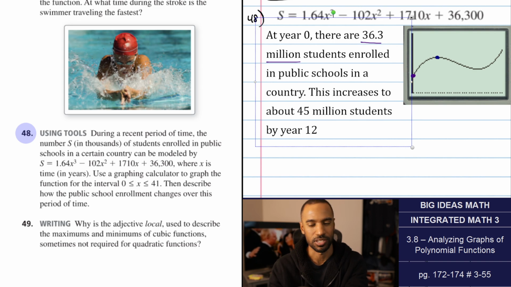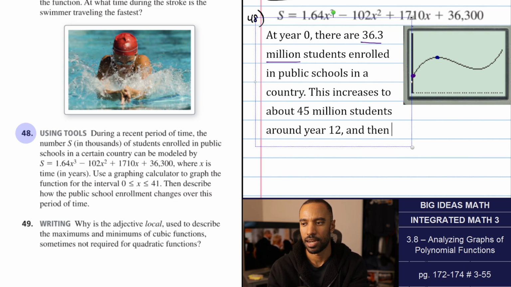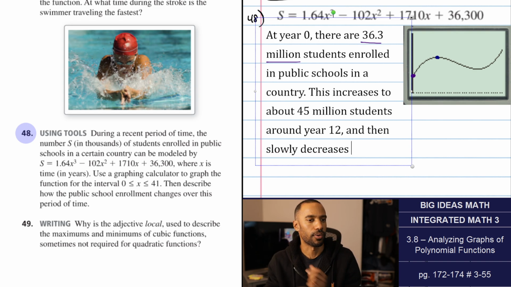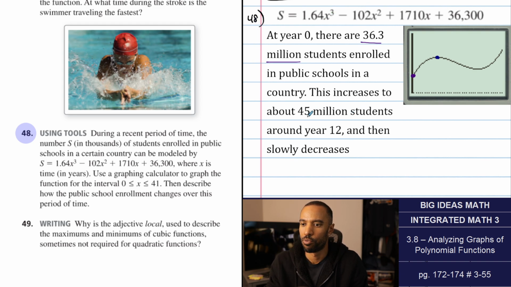It says 11.6. So around year 12. And then slowly decreases. So let's find that minimum.